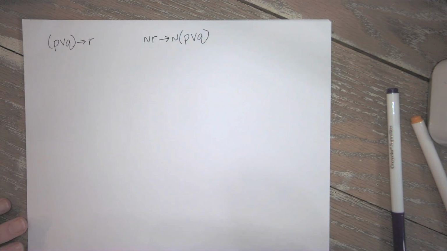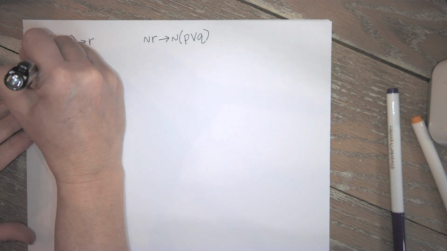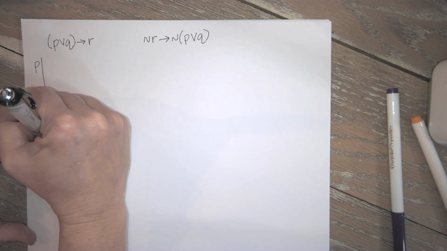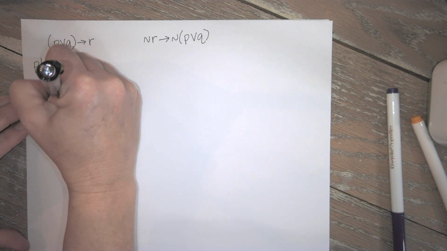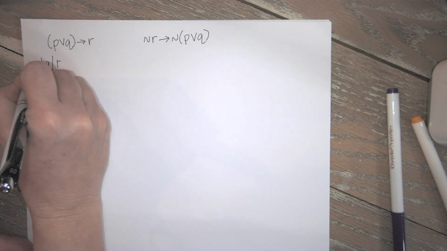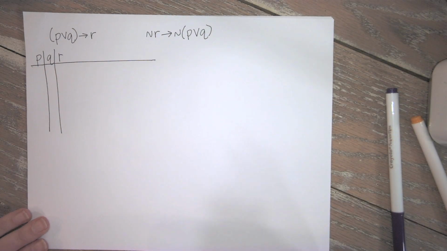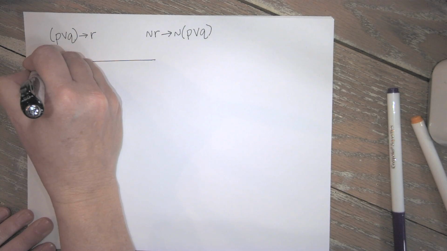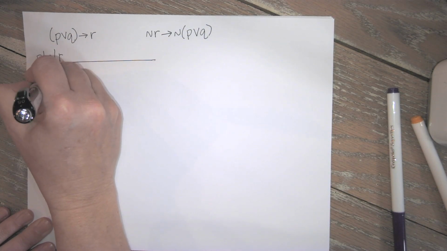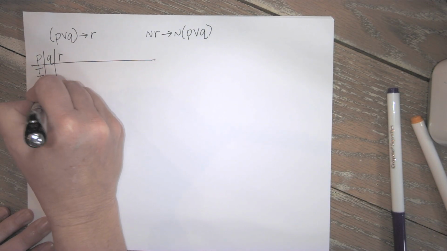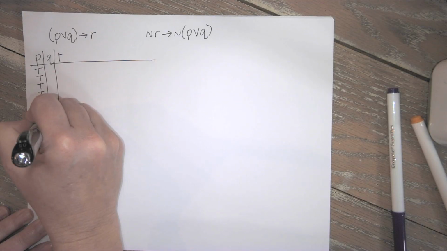All right, so when I see that I have P's, Q's, and R's, then I know I'm going to have 8 possibilities in my truth table for my truth values for P, Q, and R. Just to remind you how I fill this in: in my P column, I start with 4 trues and 4 falses.